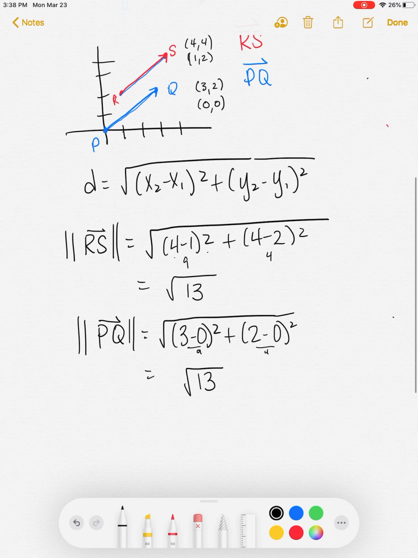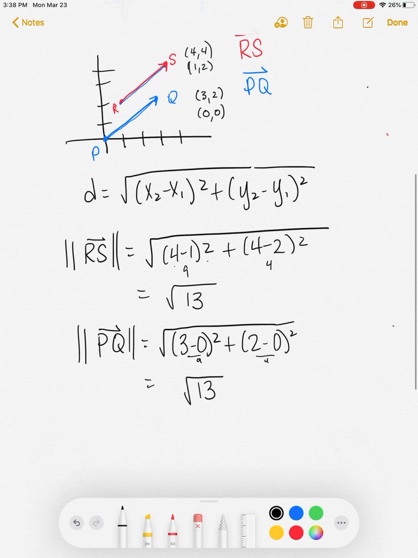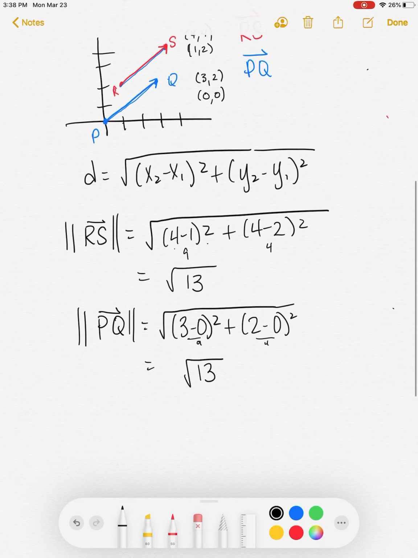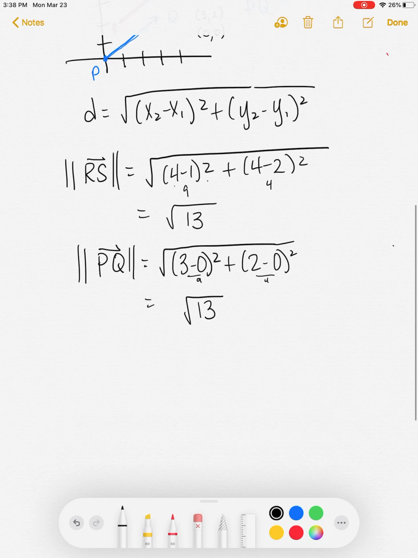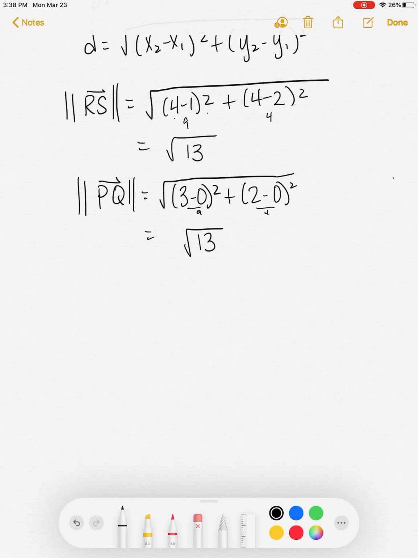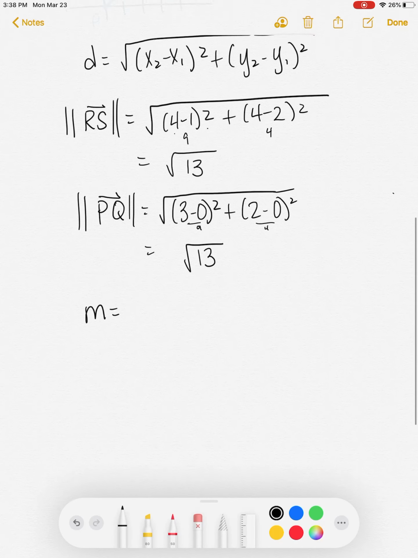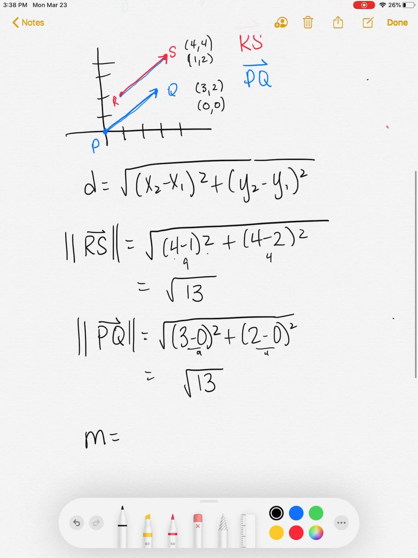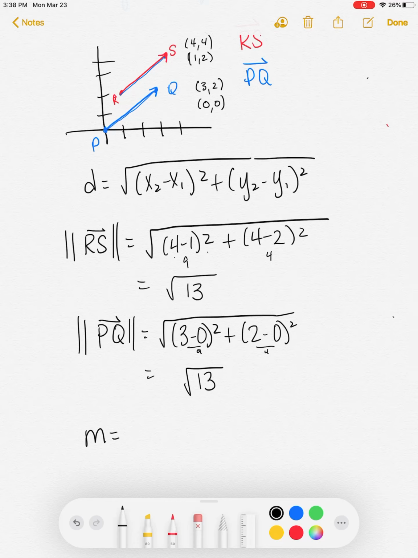Let's determine their slope just to confirm that they rise at the very same rate, because it could be that their slopes are very similar and not exactly the same. But let's just find out real quick. The slope of the RS vector would be change in y over change in x, which would give me 2/3.